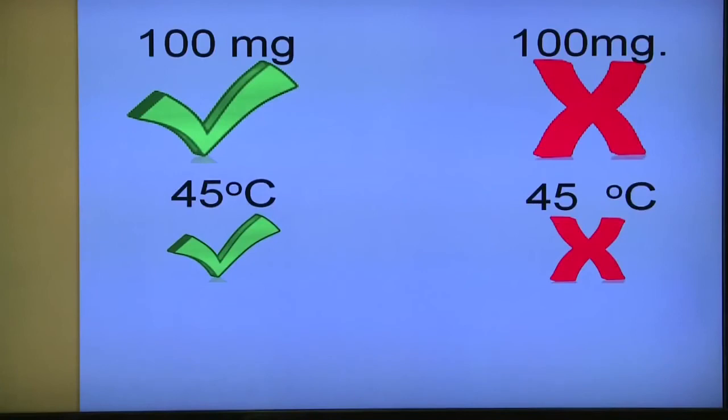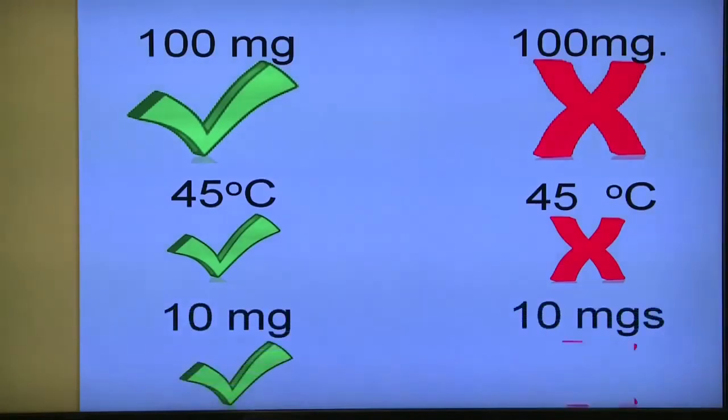The symbols of the units are not changed while writing them in plural. Example, 10 mg is correct, but not 10 mgs. The symbols of the units are not followed by a full stop except at the end of the sentence. 10 mg. in the middle of a sentence is incorrect.